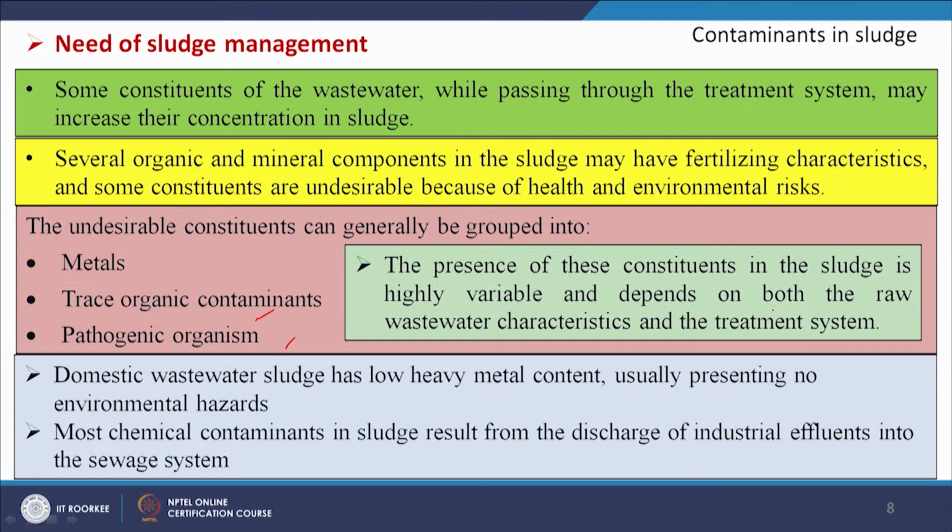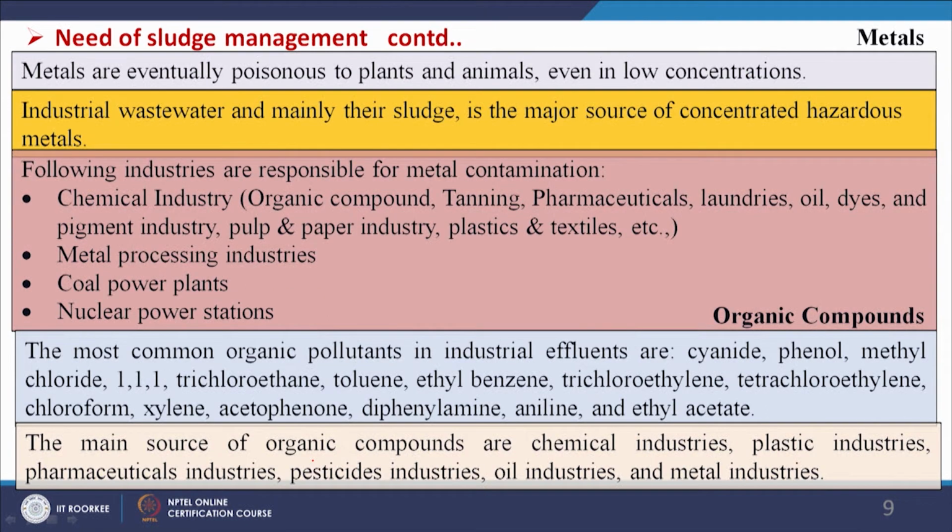Domestic wastewater sludge has low heavy metal content, usually presenting no environmental hazards, but most chemical contaminants in sludge result from the discharge of industrial effluents into the sewage system, and metals are eventually poisonous to plants and animals even in low concentrations.